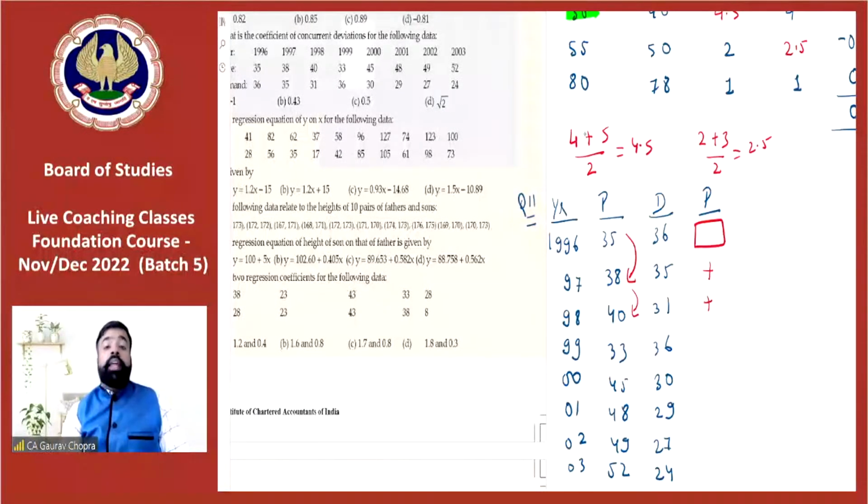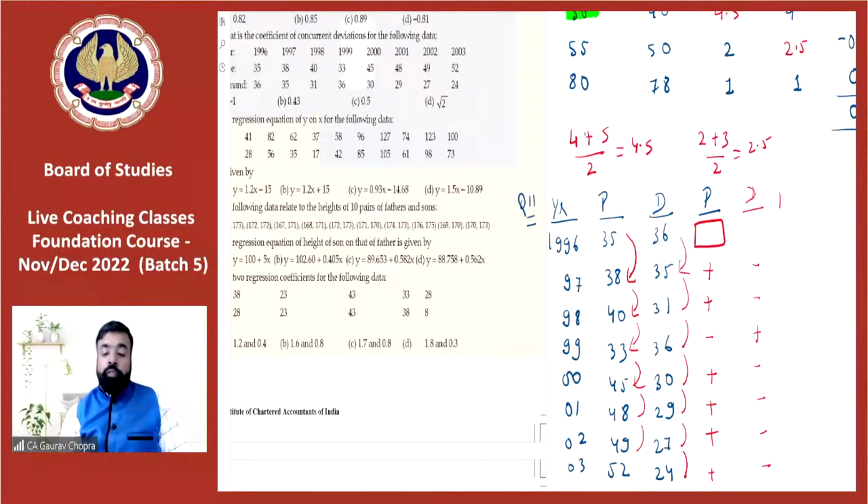From 38 to 40 again it is plus, then minus, plus, plus, plus, and one more plus. For demand, it is decreasing, negative, minus, minus, then plus, minus, minus, minus, and again minus.